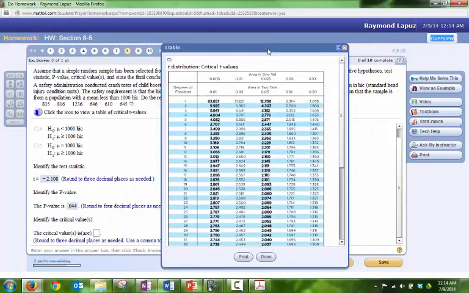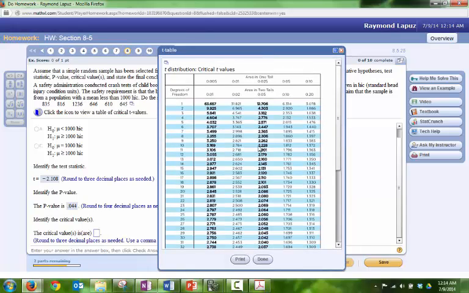So there's only one critical value, by the way, because it is a one tail. So 0.01 in area in the one tail, and degrees of freedom is 5, so it's 3.365, and it's a negative value because it's on the left side of the tail.